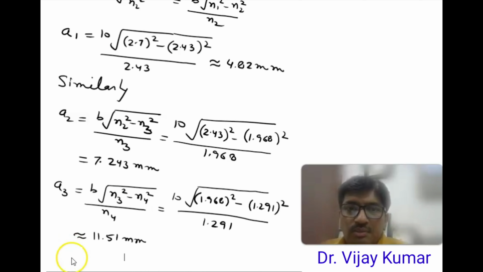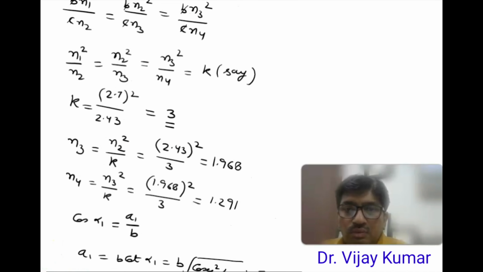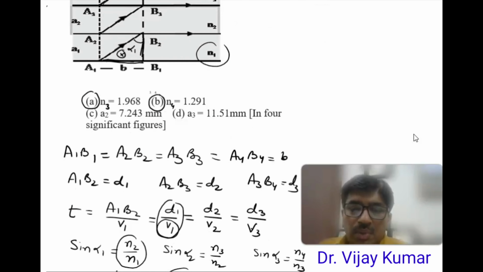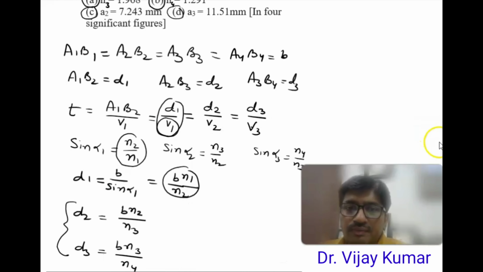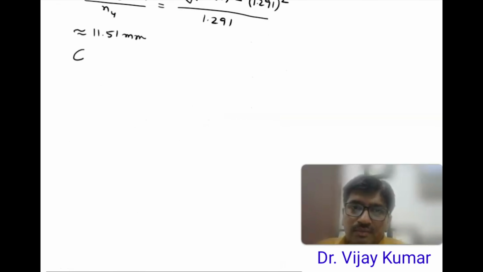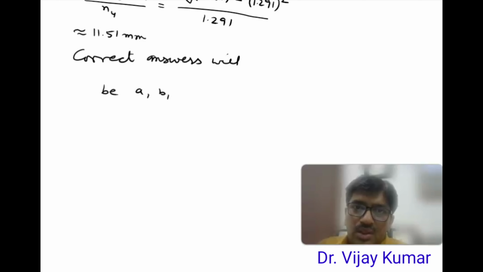So if we see the options, 7.243 millimeter for A2 is the correct answer, and A3 of 11.51 is the correct answer. So in this question, 4 options will be correct. Correct answers will be A, B, C and D.